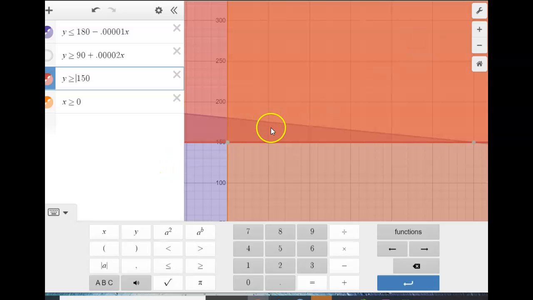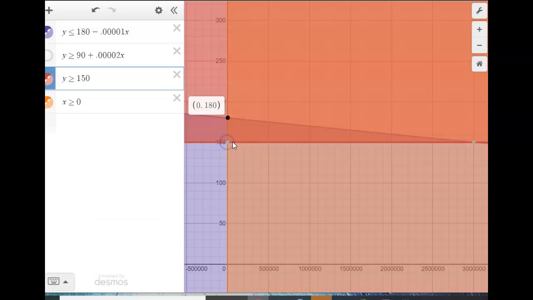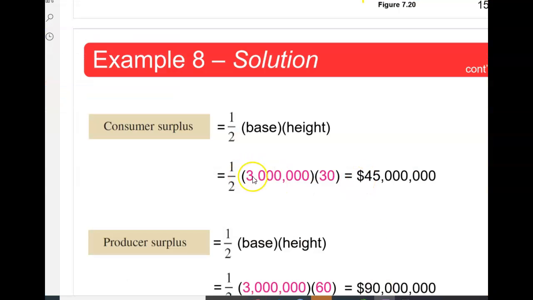So that area will be this triangle in here with those vertices. So you could see the base will be 3 million, the x-axis. The height will be 180. So let's write, you could see that here, 3 million for the base.